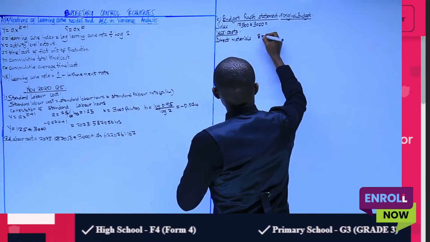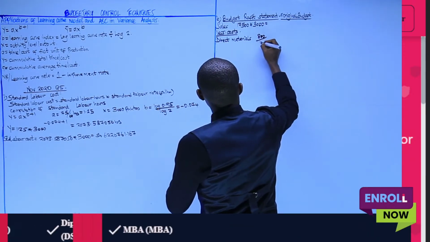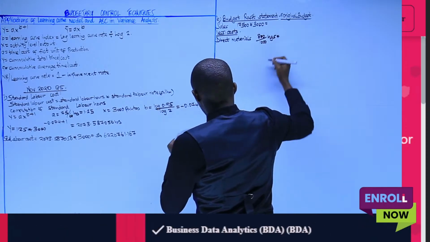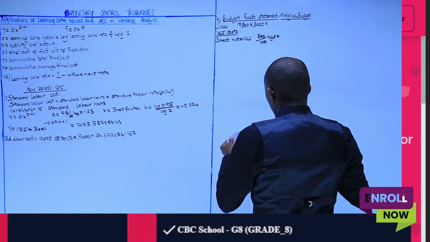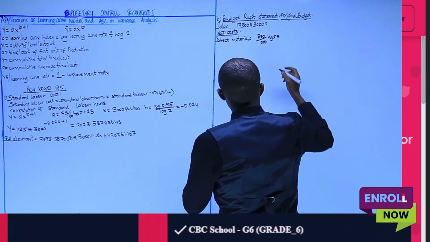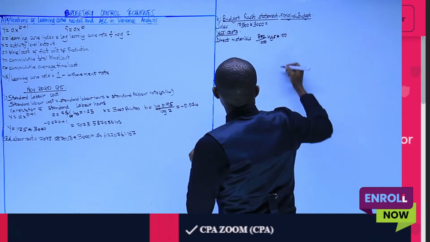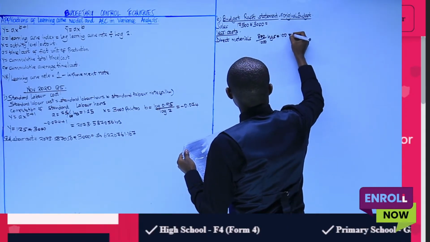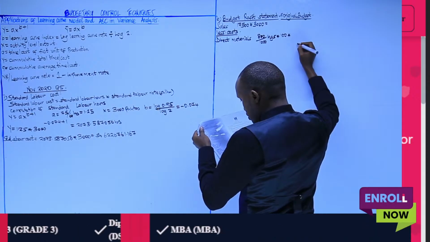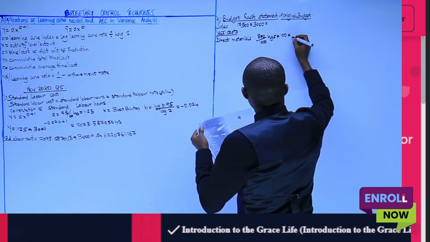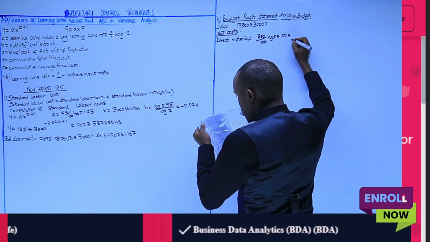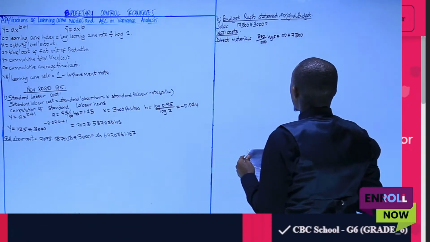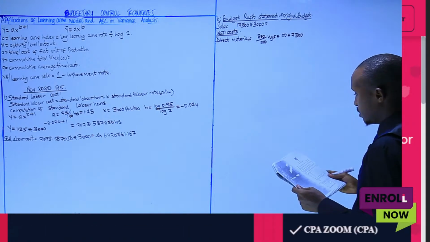You're going to say 800 over 100 kgs. You multiply that by 100, then times what? Your cost in kgs was 7,500.